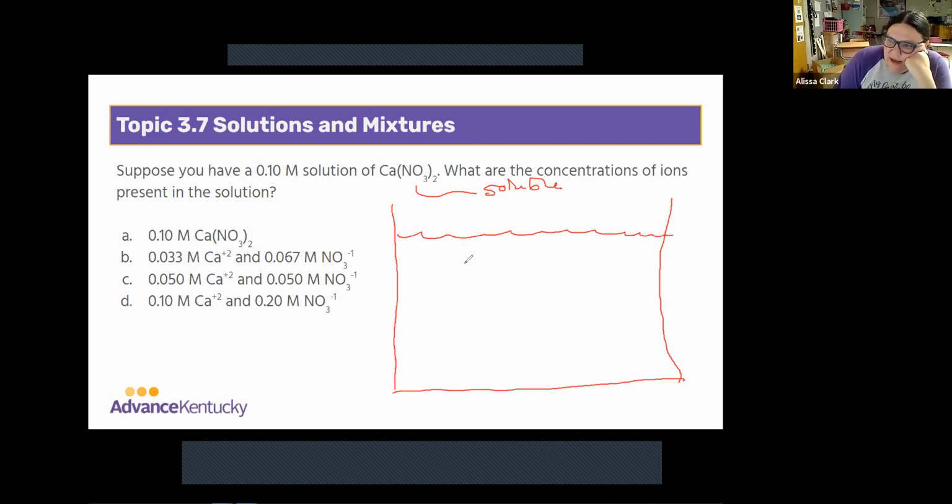And when it splits apart into its ions in water, the ions that make up calcium nitrate solid are a calcium ion and twice as many nitrate ions. So every time 1 unit of calcium nitrate splits apart into ions, we are going to make a calcium and 2 nitrates.